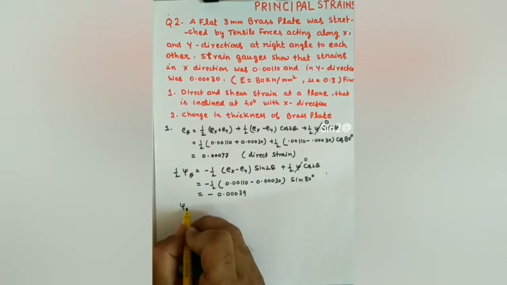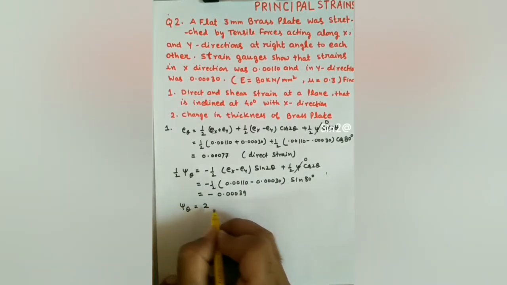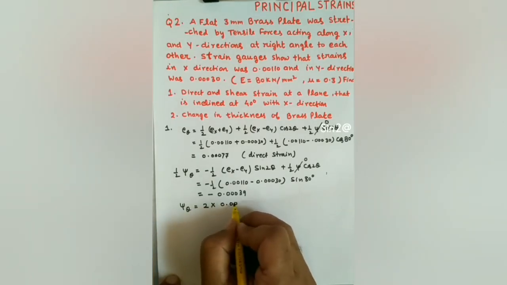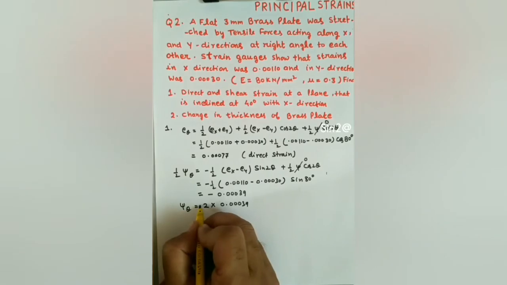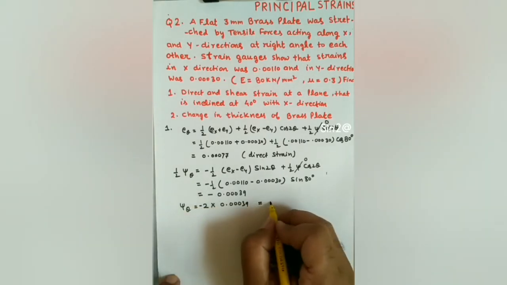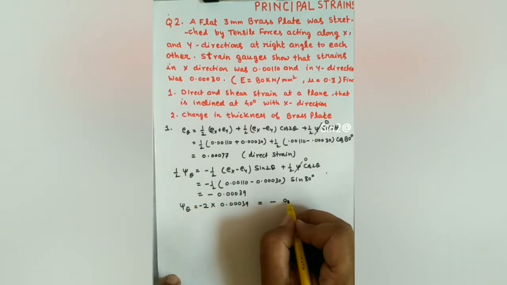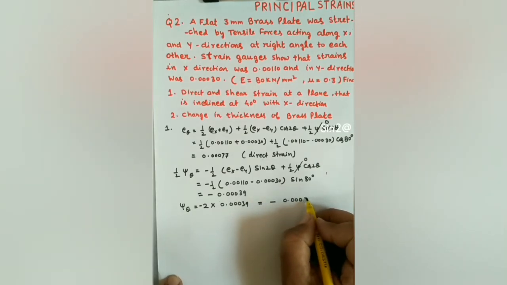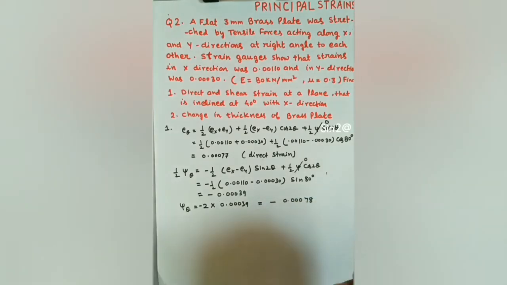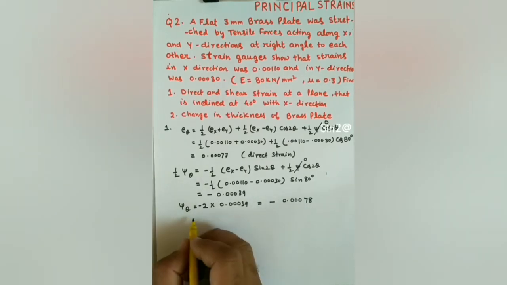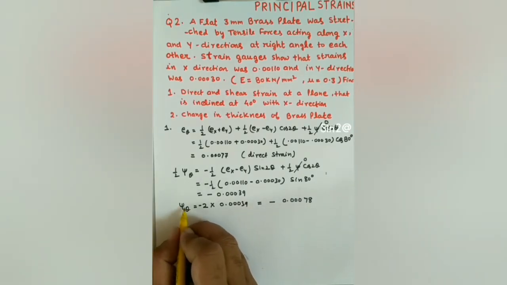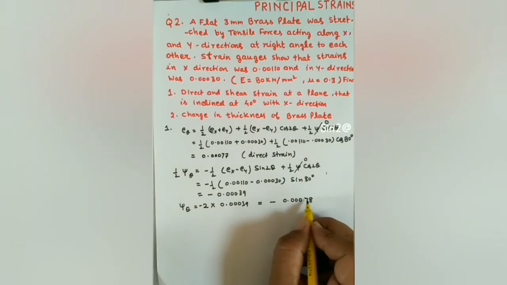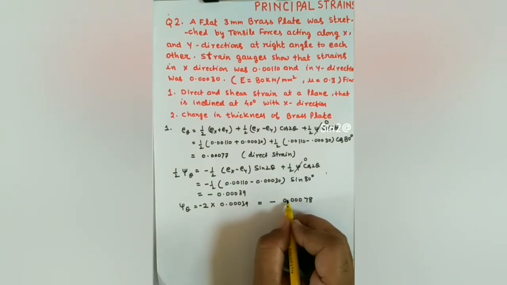So psi theta will be 2 into 0.00039, which will be equal to minus 0.00078. So the shear strain psi theta is 0.00078, and which is negative.